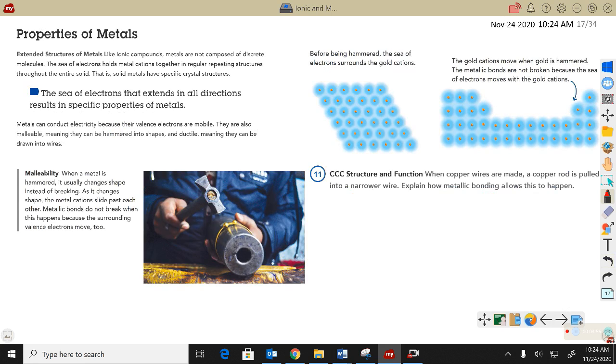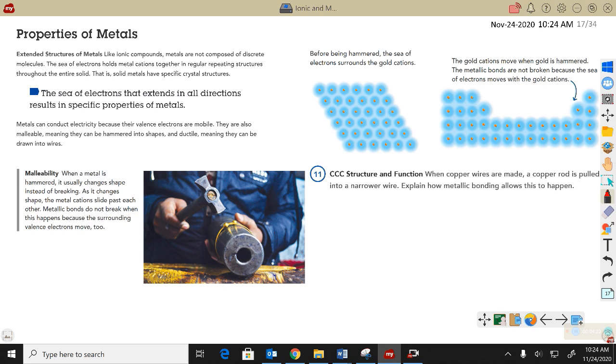And that does then affect the properties. We say metals are malleable, that we can pound them into a thin sheet. They're ductile. We can draw them into a thin wire. And it's because of the sea of electrons that we don't have rigid bonds here. Because the electrons are free to move, the nuclei are kind of free to move.